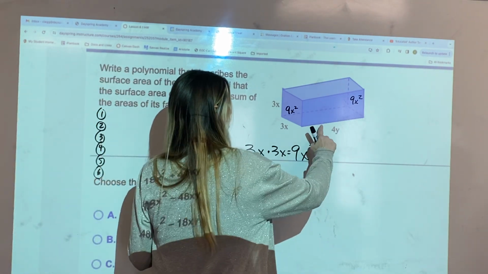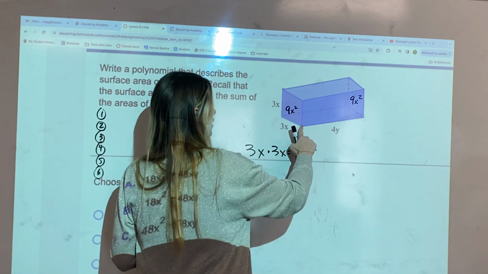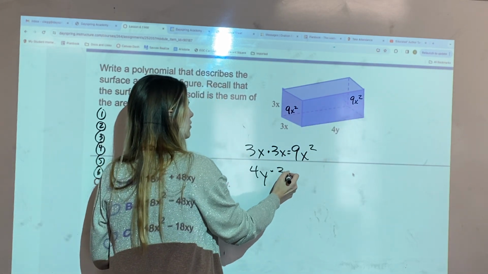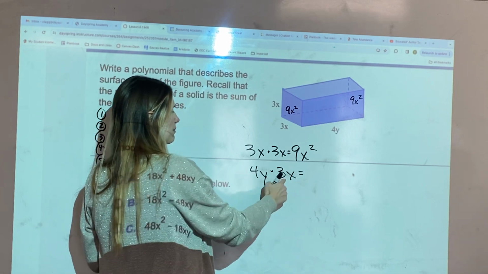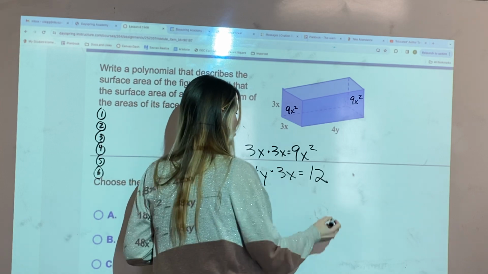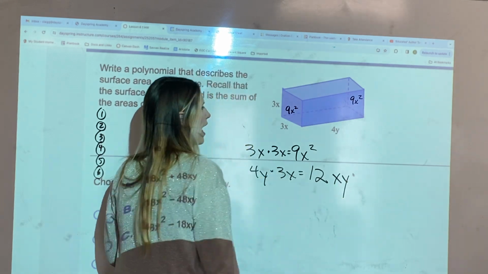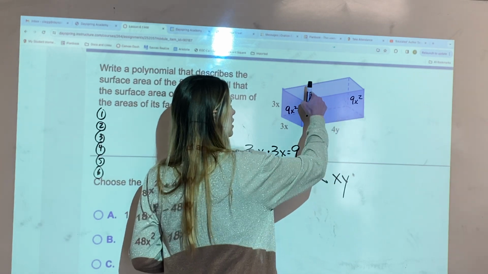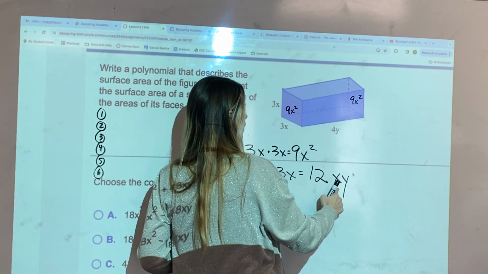Now, here I have a length of 4y and a height of 3x, so that would be 4y times 3x, which is 4 times 3 is 12. Y times x is yx, or we're going to put it in alphabetical order, xy. So all these 4 faces are 12xy.